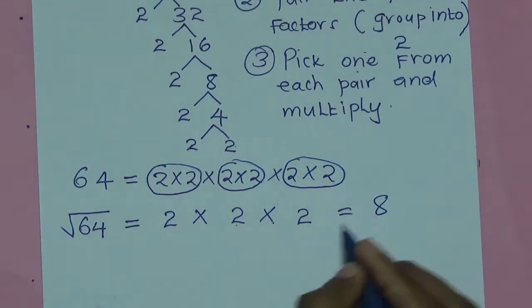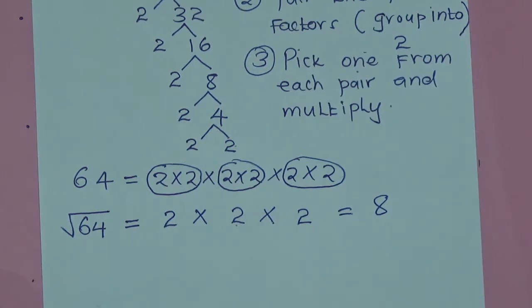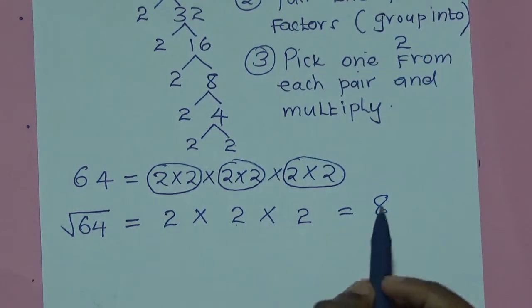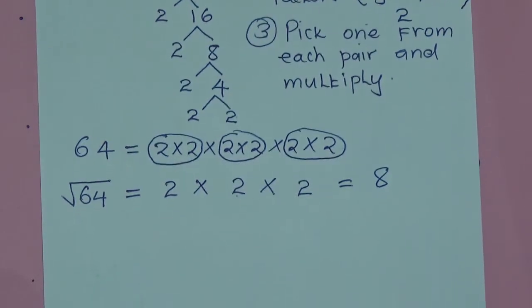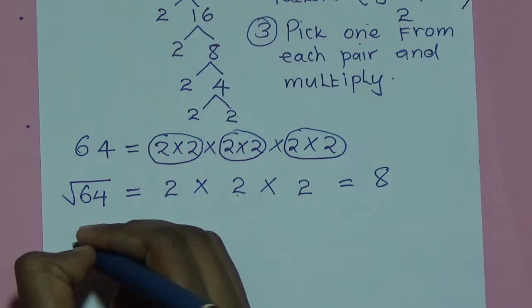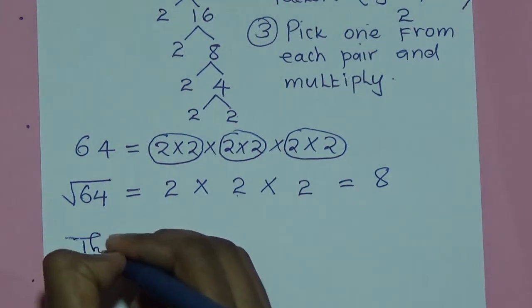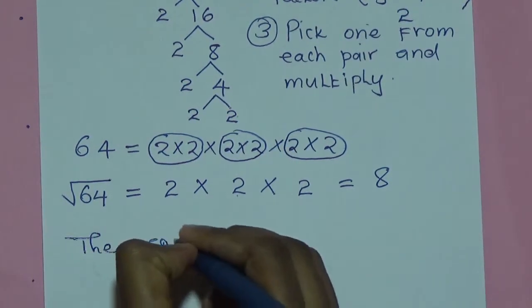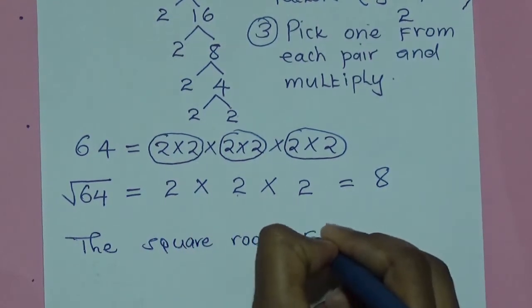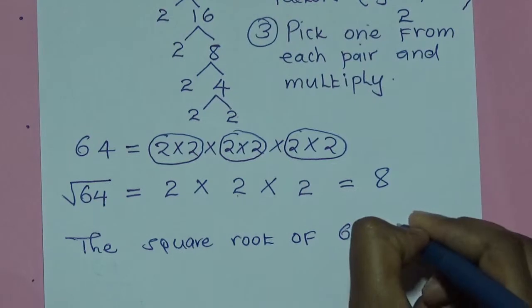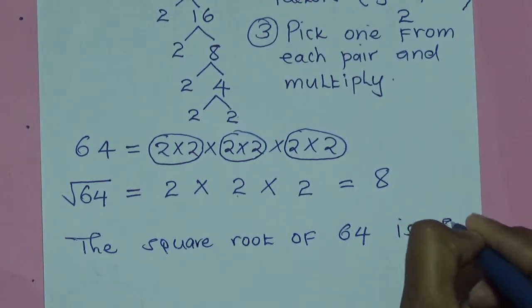So 8 is the square root of 64, and we know that 8 multiplied by itself will give you 64. So the answer is the square root of 64 is 8.